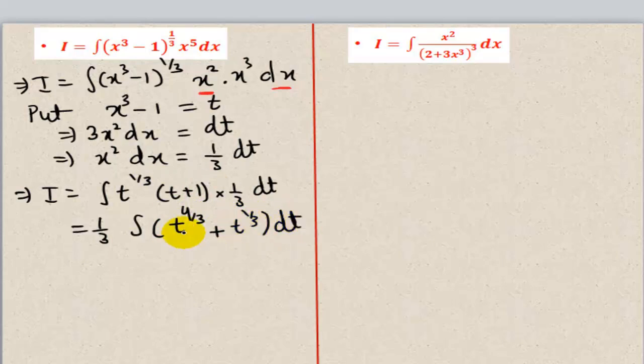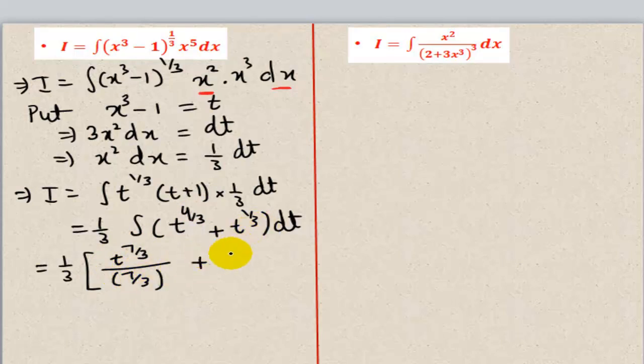Now you can see both of these can be integrated using the formula for x to the power n. If we do so, the integral of this will be t with exponent 4 by 3 plus 1, so that comes out to be 7 by 3, and it gets divided by 7 by 3.